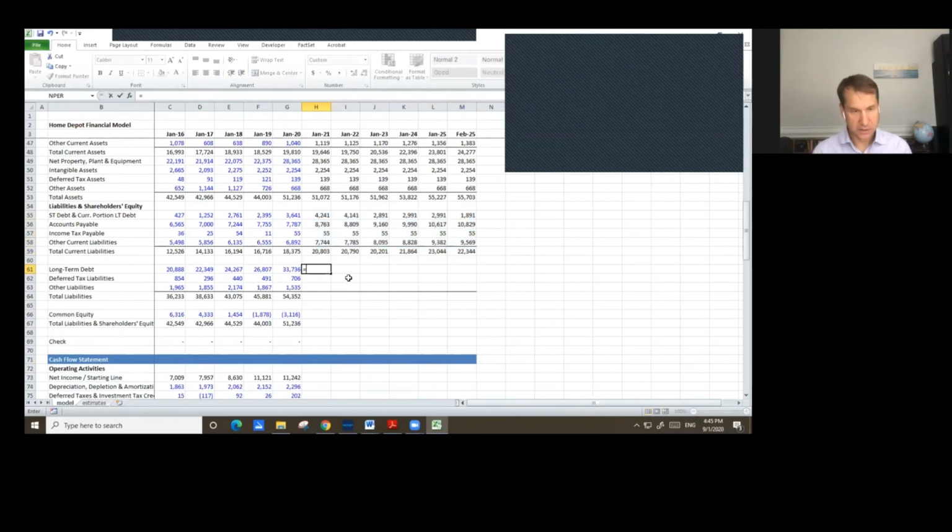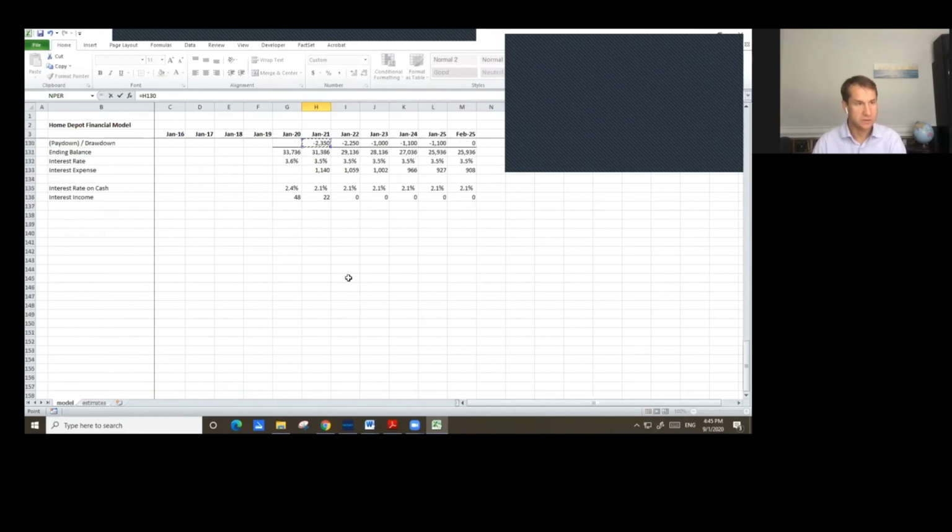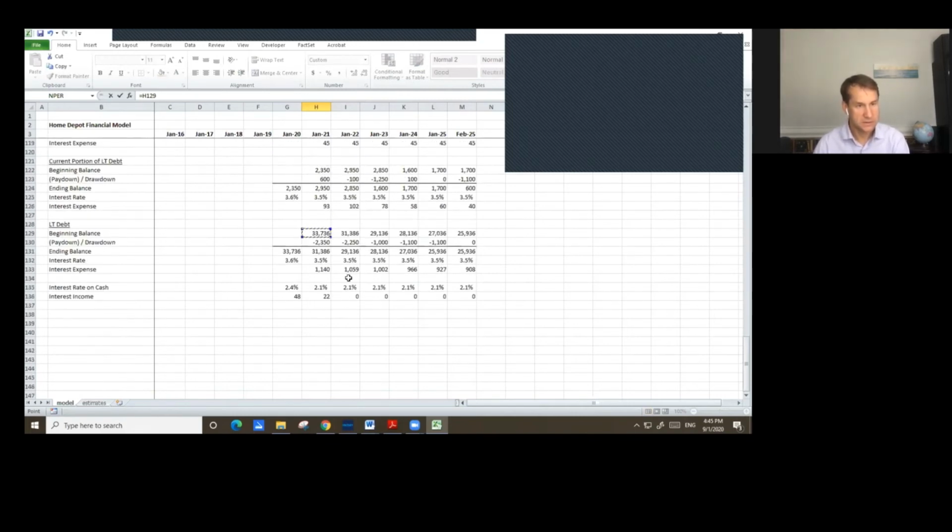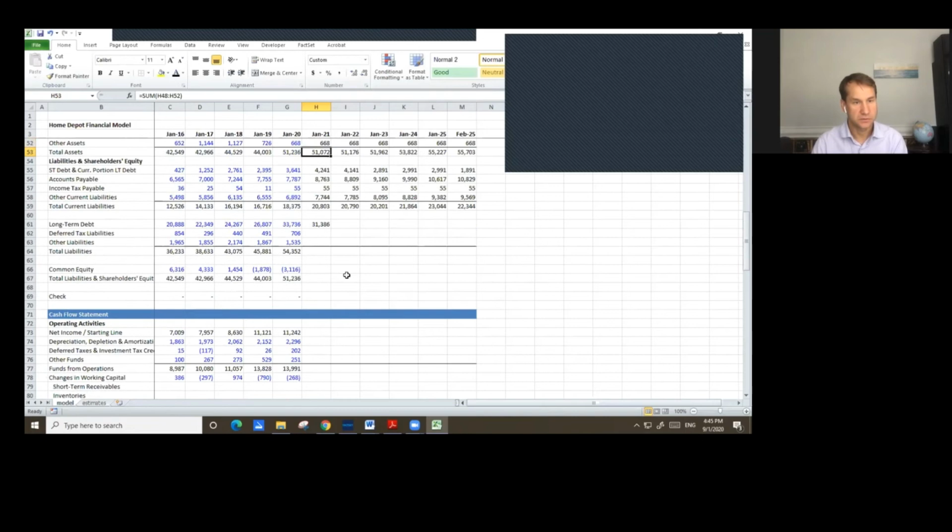Long-term debt, that'll come from the debt schedule. So ending balance of long-term debt. Deferred taxes and other liabilities, I keep them flat.